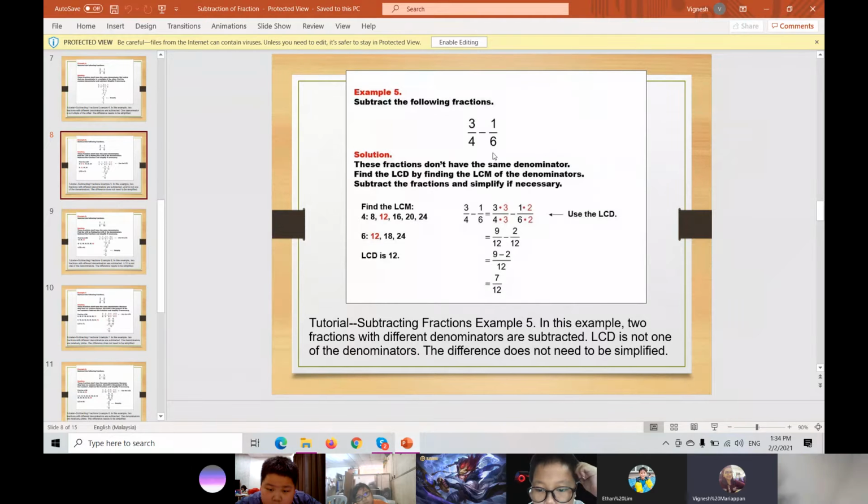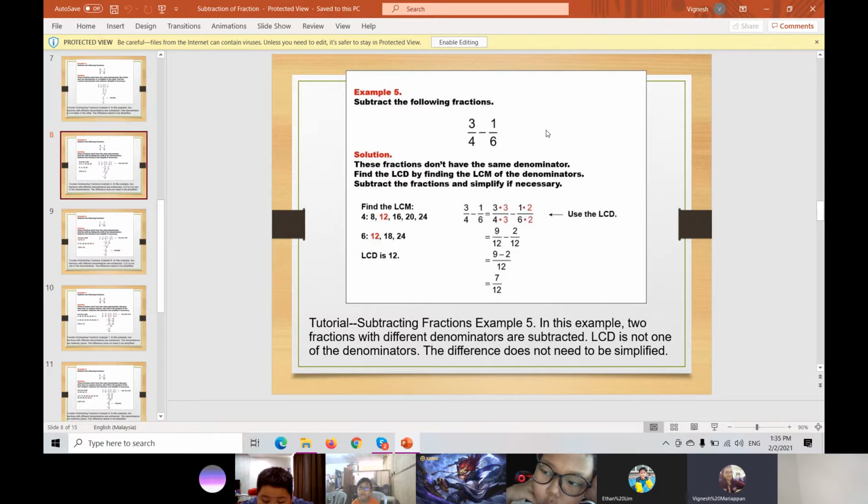6. Very good. When the 6 you multiply with 4, 1 you have to multiply with? 4. So what is the answer now? Who can tell me? 3 multiply 6 is equal to 18. So 18 over 24 minus 4 over 24.